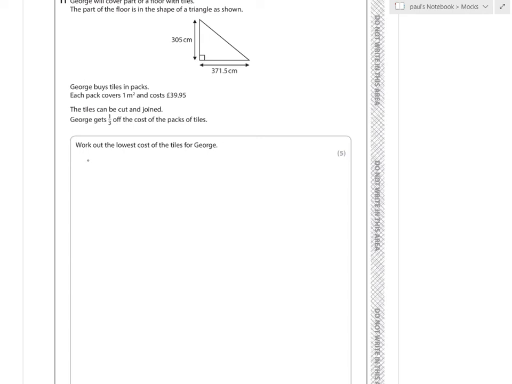So, the area equals half base times height, which equals half times. Should we do this in meters? I think so, because each pack covers a meter, so half, do that in meters, which is 3.715 times 3.05. And that gives us the area of the floor in meters.